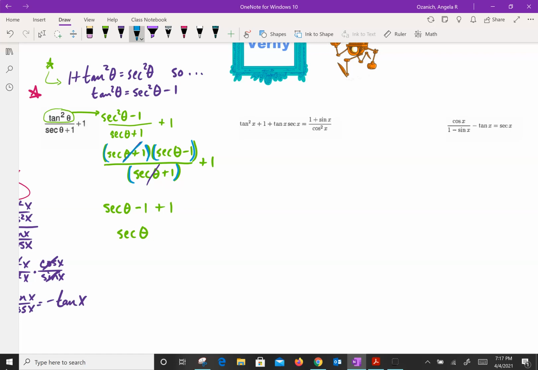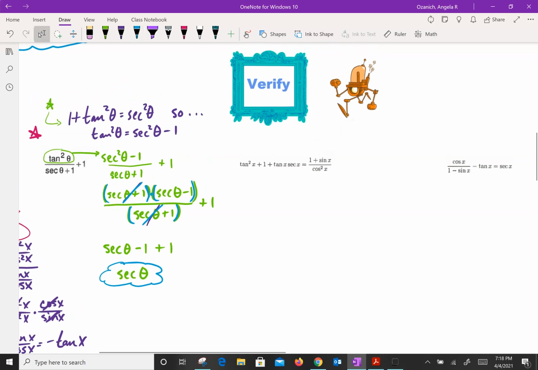So those two are going to cancel now that this is tied just with multiplication. That leaves me with a secant theta minus 1. I add 1. It simplifies a little bit further to just secant theta. And that's where we're going to stop. Maybe you went down a different path on that. Totally okay to go down a different road.